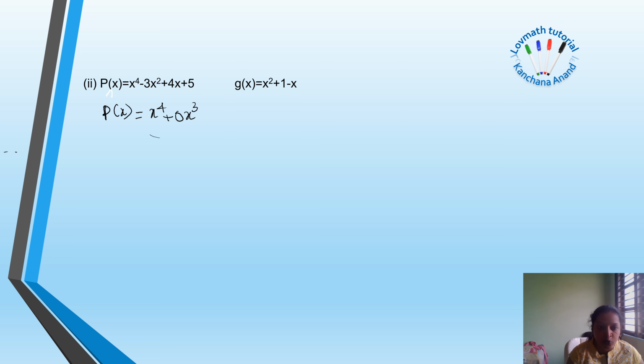That is 0x cube minus 3x square as it is plus 4x plus 5. And g of x is equal to, we are just rearranging the terms, x square minus x plus 1.